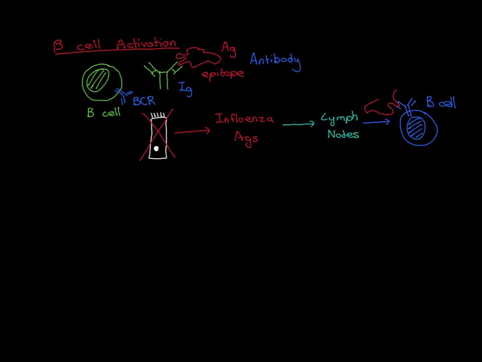There's its epitope that is binding to the B cell receptor, and obviously I don't know what this is representing. None of the influenza viral proteins look like this, but it's just a drawing. This is representing one of the influenza viral antigens, and I've shown it in this ridiculous shape just to highlight the concept of an epitope being this special domain that fits into that binding site of the immunoglobulin molecule.